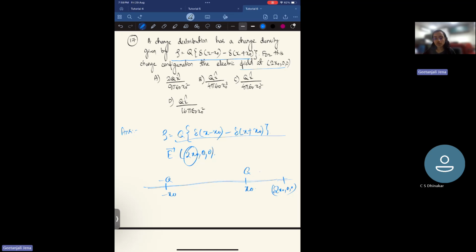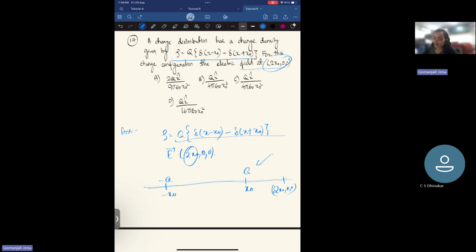So don't use multipole expansion here. If it is not given that the point is closer to the point where charges are located, then you can always take the multipole expansion.